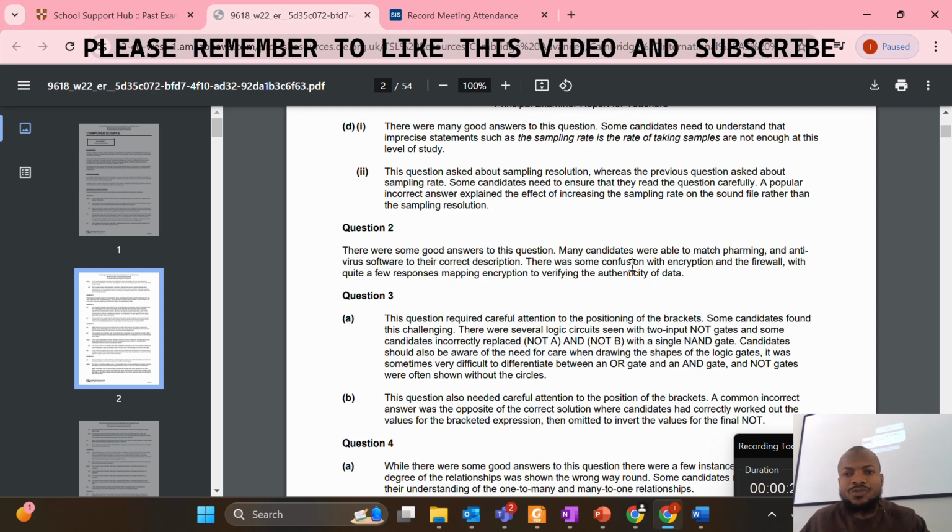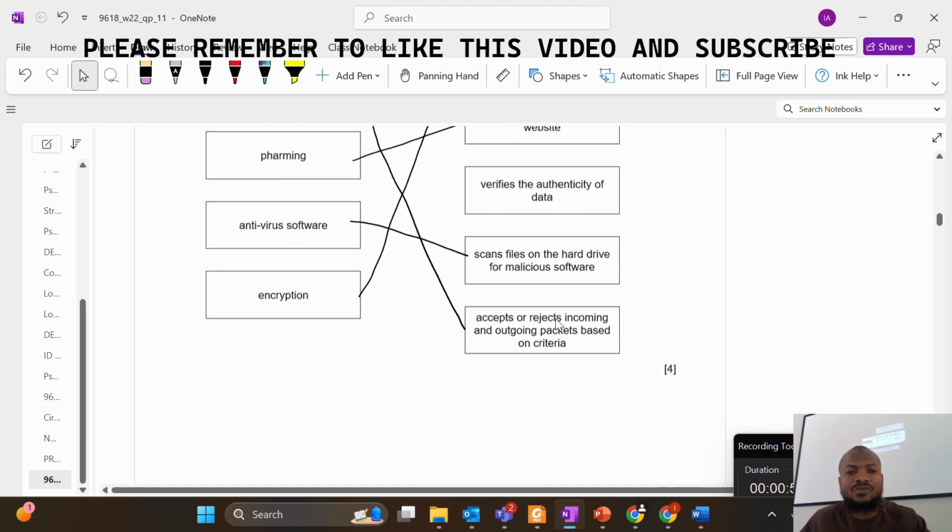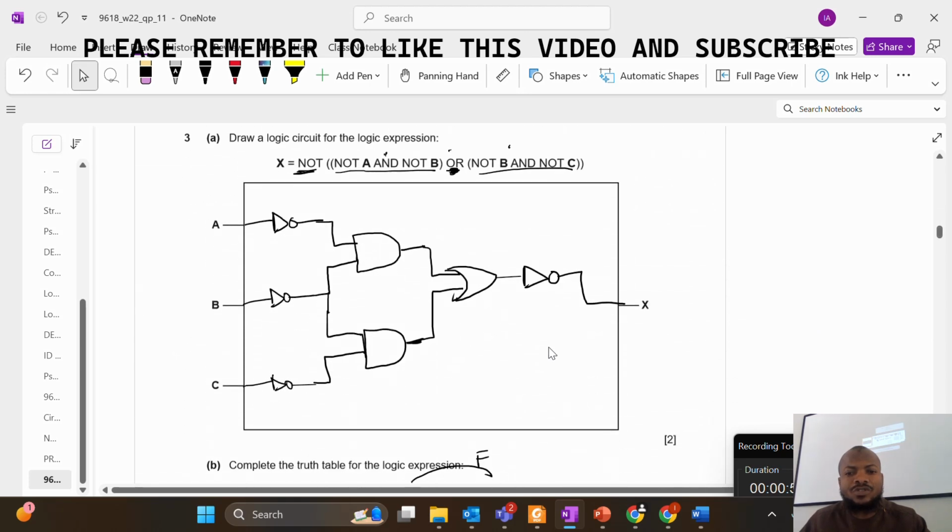There was some confusion with encryption and firewalls, with quite a few responses mapping encryption to verifying authentication of data. So many candidates mapped encryption to authentication of data, which is not true. And if you remember, when I explained this 4 times, I did not explain anything that has to do with verification of data.